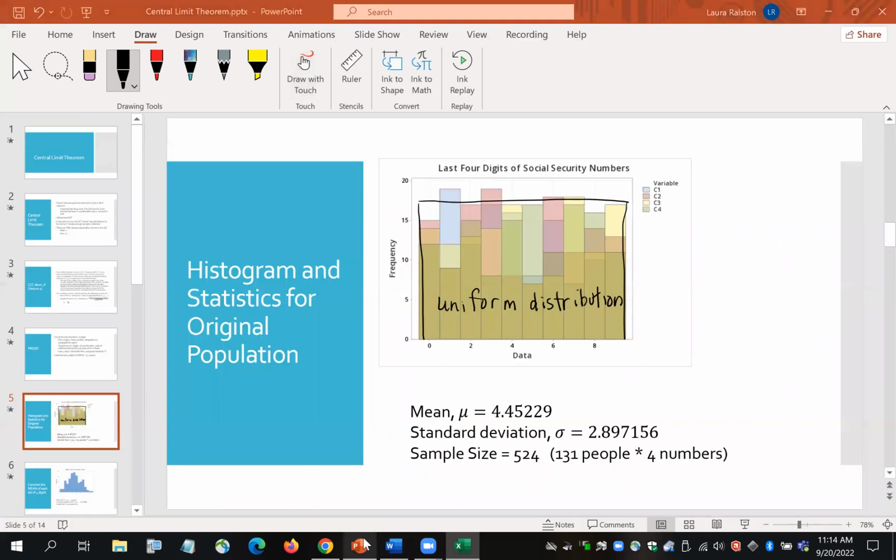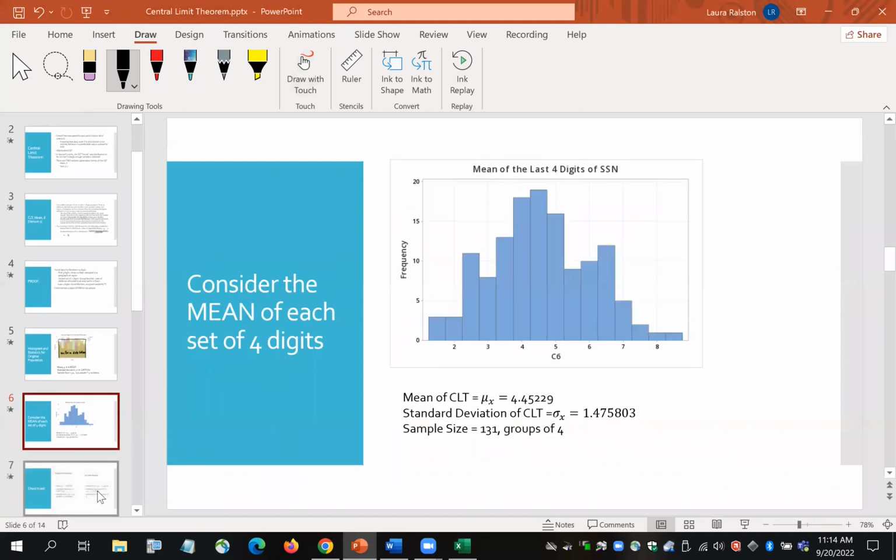If I look at the histogram for those means, look at what happens. If you look at the histogram for the mean of those last 4 digits, look what you get. You almost get a perfect normal distribution.